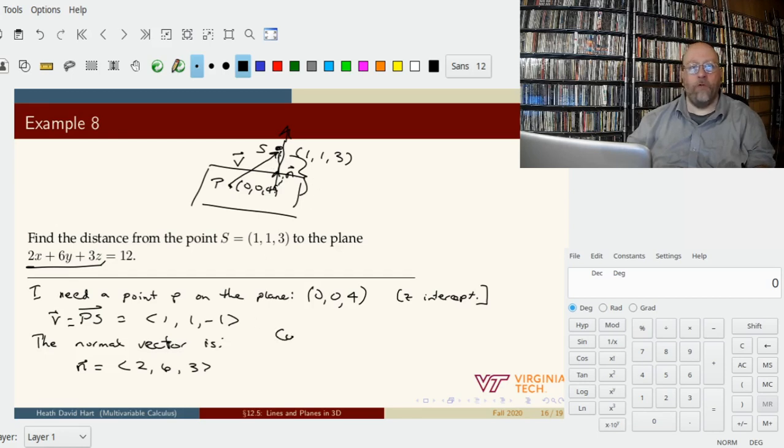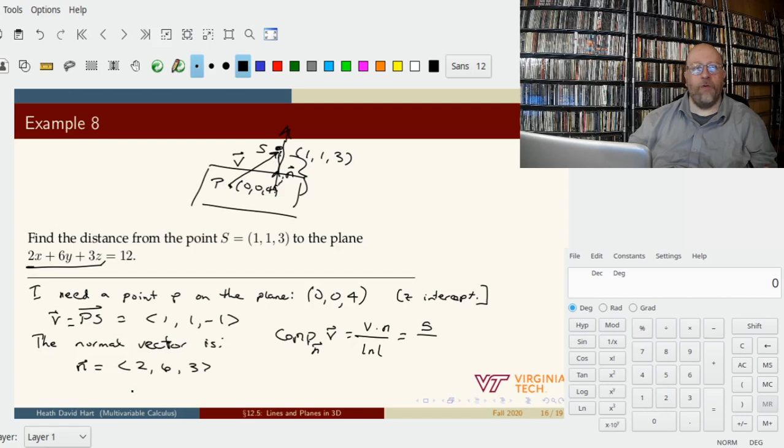So the component projection, the scalar projection of V onto N, that's the dot product of both vectors divided by the magnitude of the one we're projecting onto, is, well, let's see, the dot product is going to be 2 plus 6, that's 8. 8 plus negative 3 is 5.